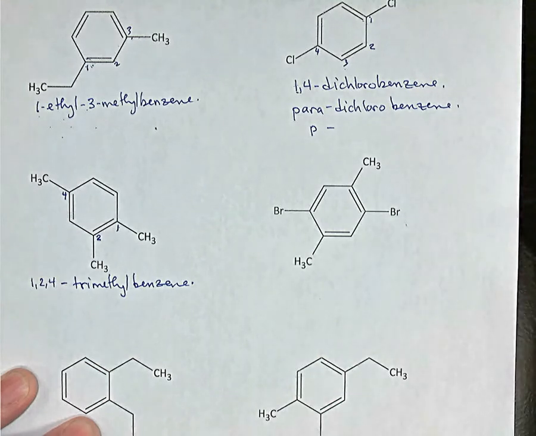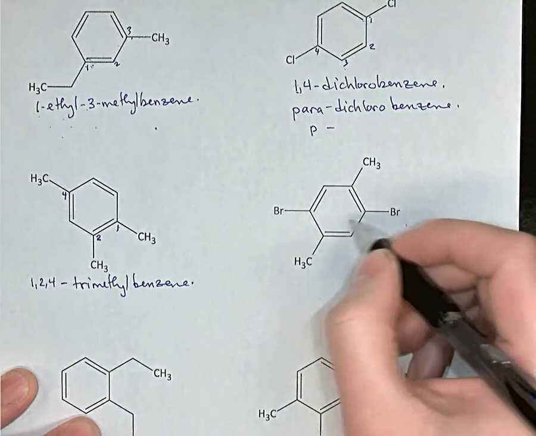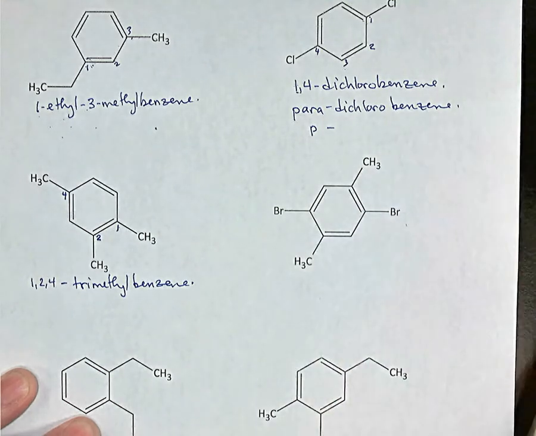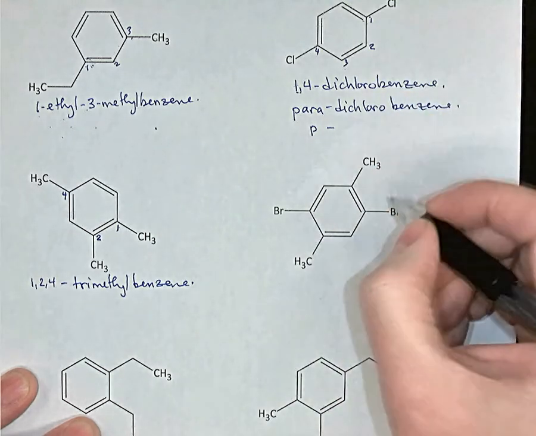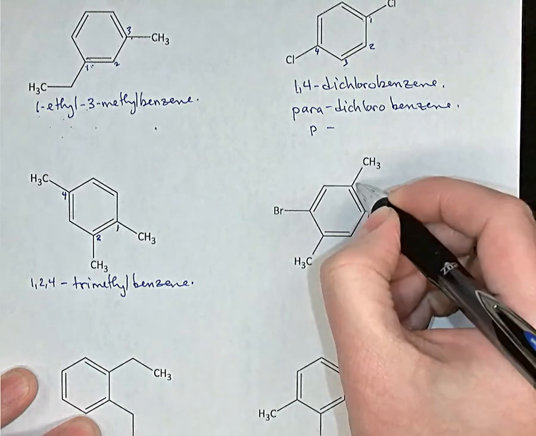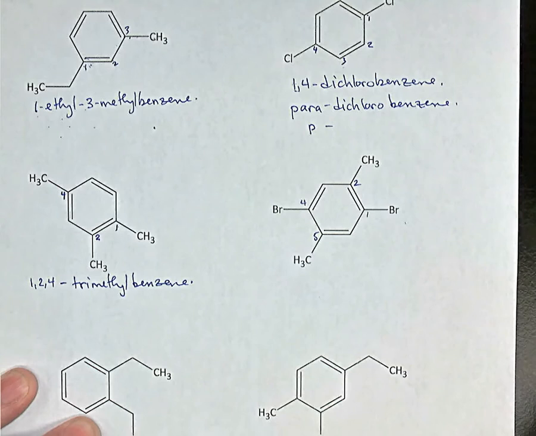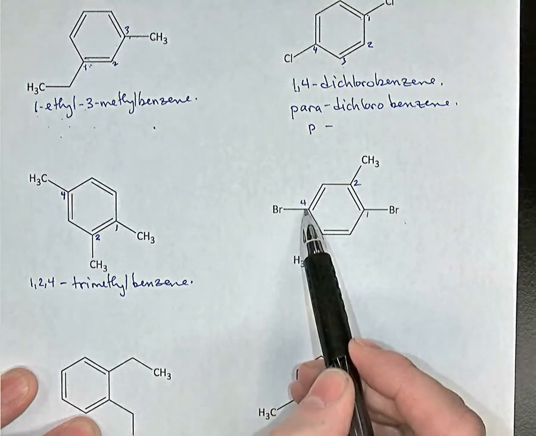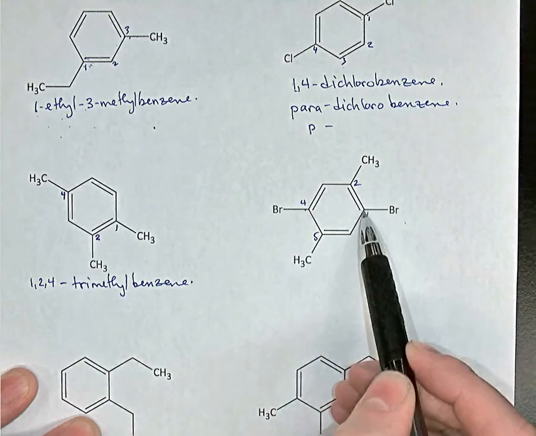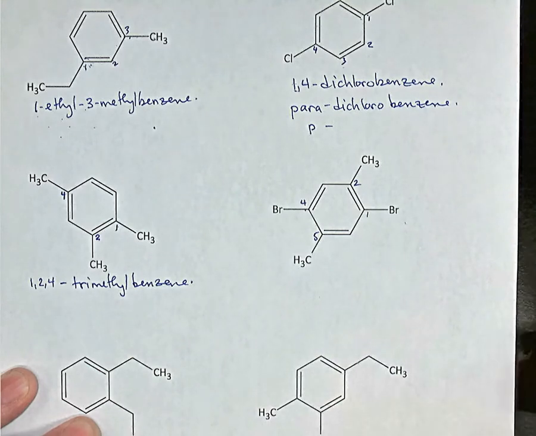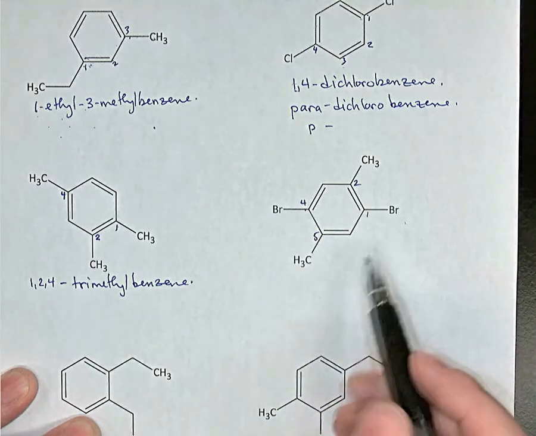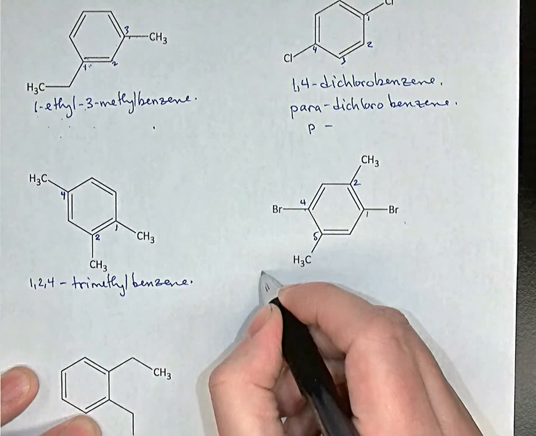And now when we come to numbering, because we're going to number the bromo first, and there's symmetry here, in a way it wouldn't matter, but we'll call that carbon 1, this will be carbon 2, 3, 4, and 5. Notice if I had called this carbon 1, carbon 2, 4, 5, it wouldn't matter which bromine atom we started at.